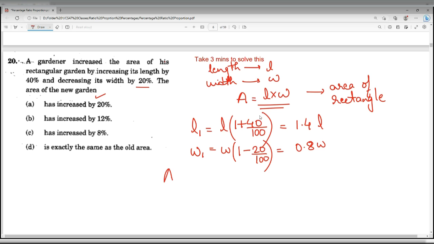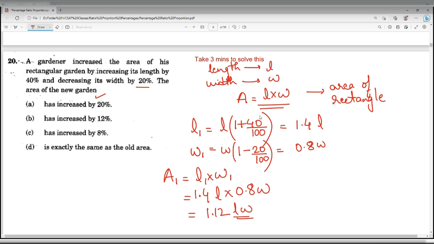And the new area, that is A1, is equal to L1 into W1. This is equal to 1.4L into 0.8 W. If we multiply 14 into 8, that is 112. Considering the decimal, it would be 1.12 LW.